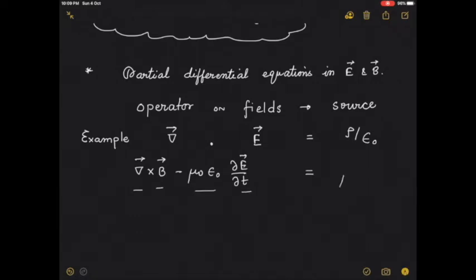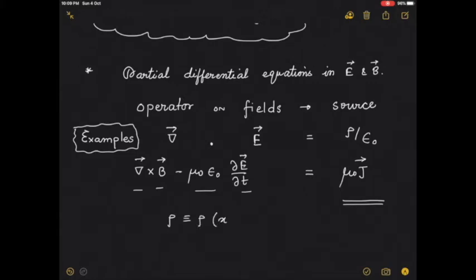On the right hand side you have mu 0 J. So I have sources, which are external quantities. Rho and J both depend on x, all space, and t, and they have to be given to you to solve these equations.